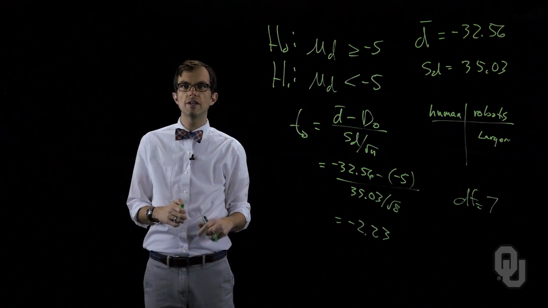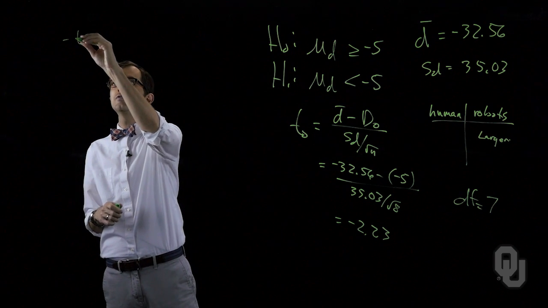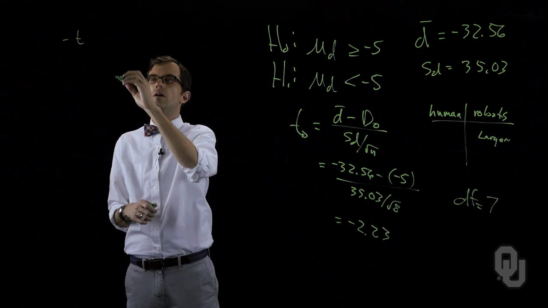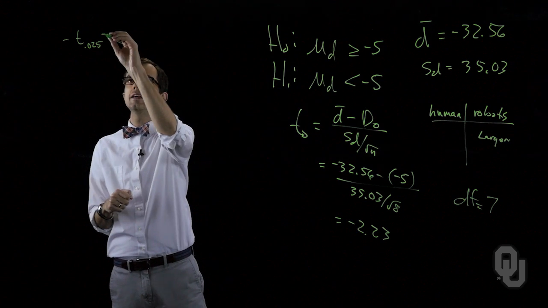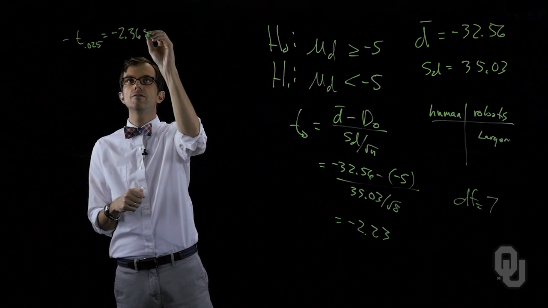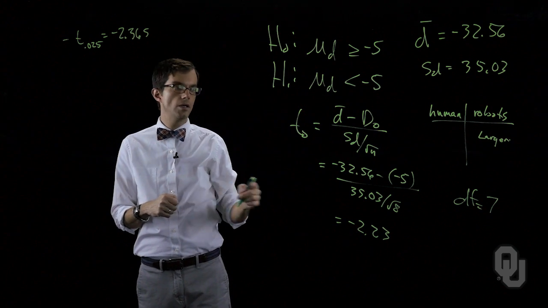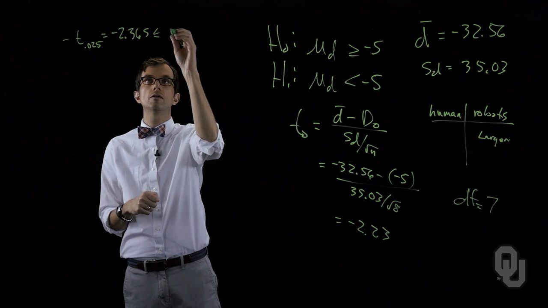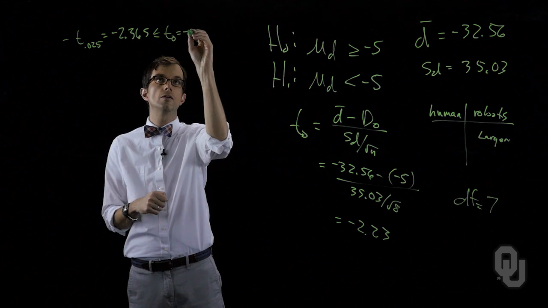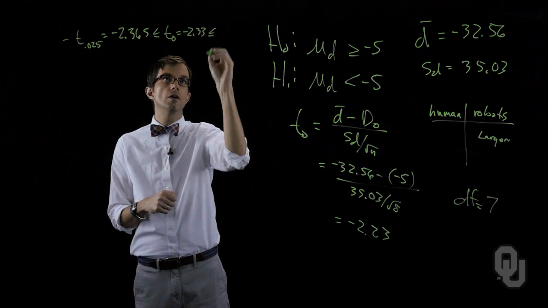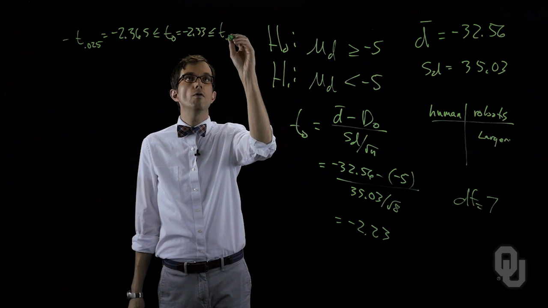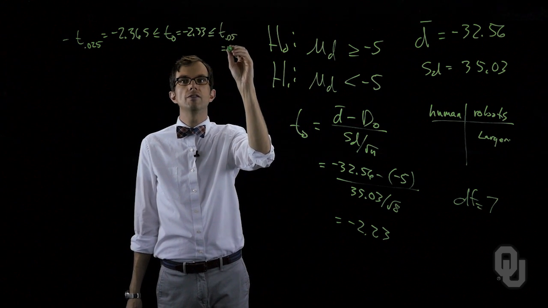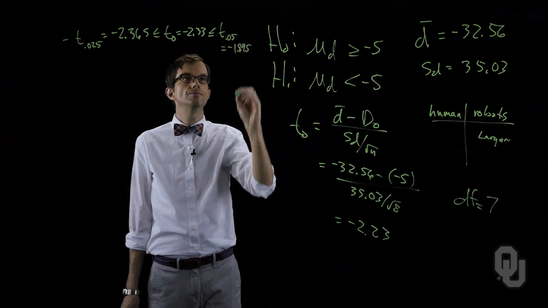We see negative t associated with 0.025 in the lower tail, and that is negative 2.365. Here our value is in between. And on the upper side, it's bounded by a t of 0.05 in the lower tail, which is negative 1.895.